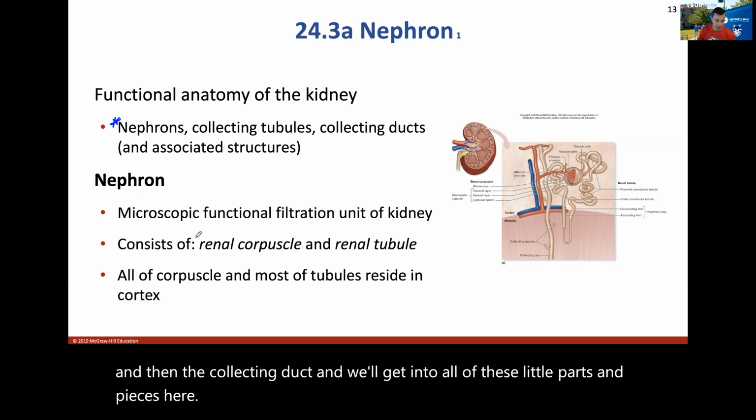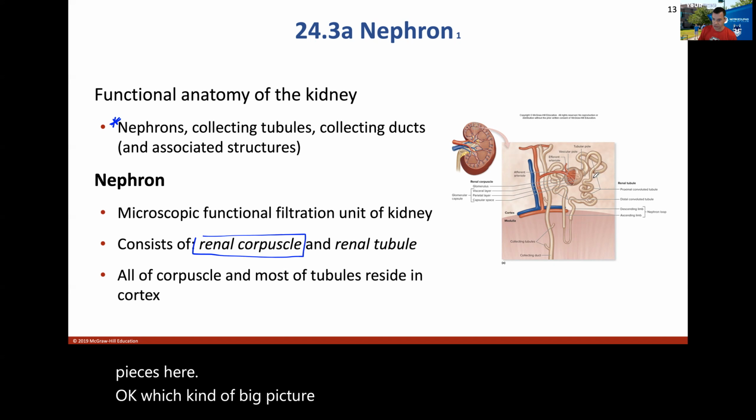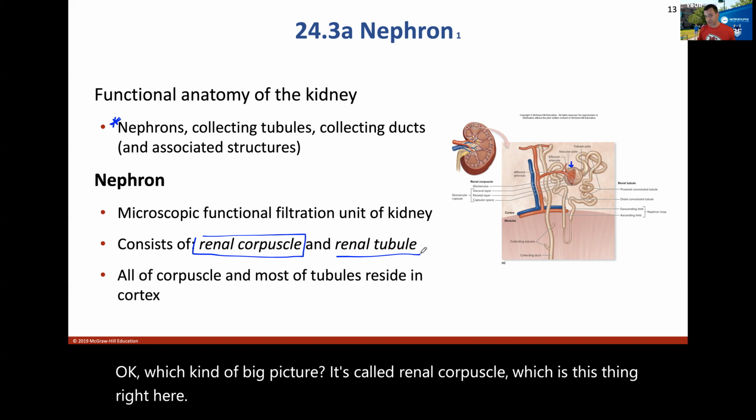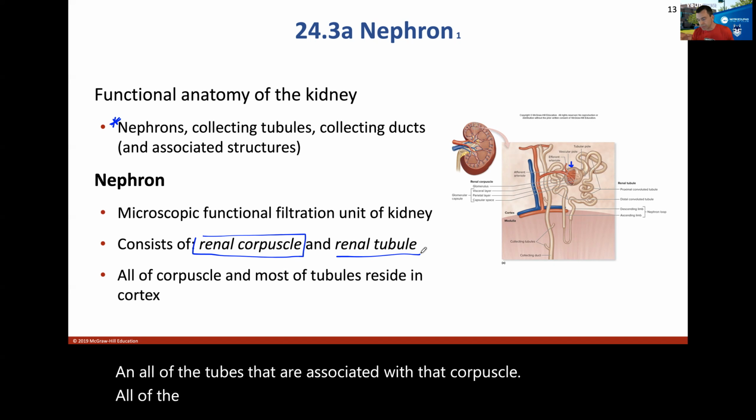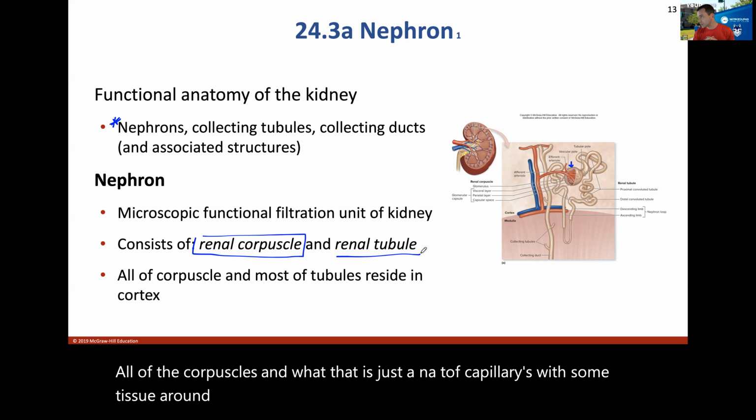Big picture, it's called the renal corpuscle, which is this thing right here, and all of the tubes that are associated with that corpuscle. All of the corpuscles, and that is just a knot of capillaries with some tissue around it. All of those corpuscles are within the cortex.